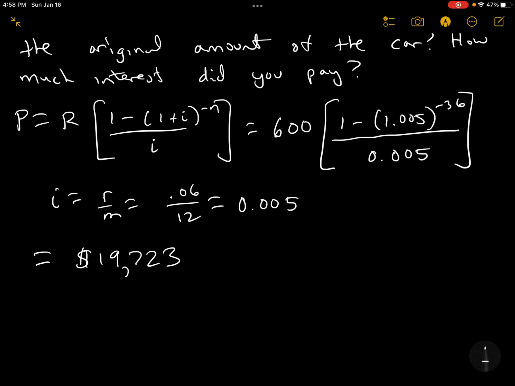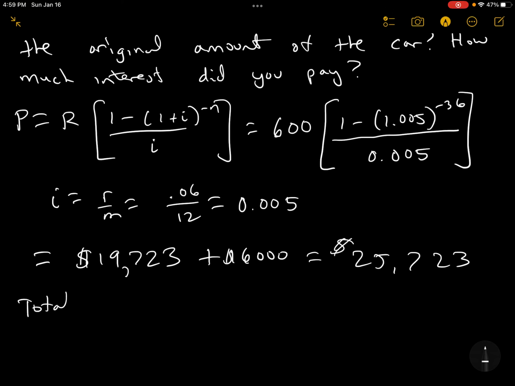Okay. And so we're going to add 6,000 to this because that was our down payment. And we get $25,723. Right, so how much was the interest?